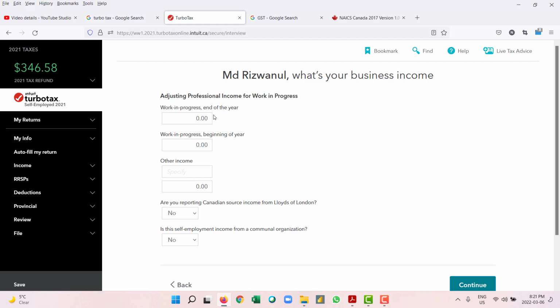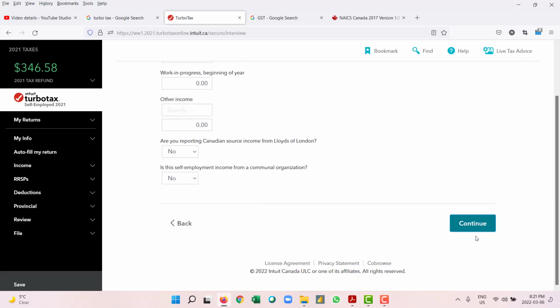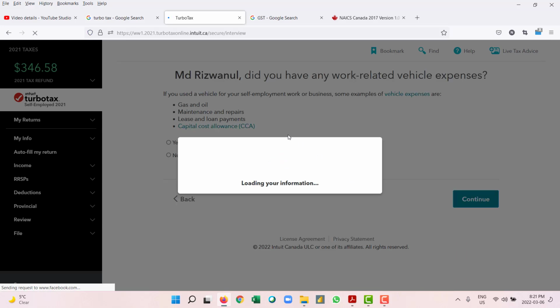But I have nothing for work in process. It is called WIP. So if you are not an accountant, it may puzzle you, but work in progress means that anything is still being manufactured in your industry or not. Okay, no, you don't need to worry about that.